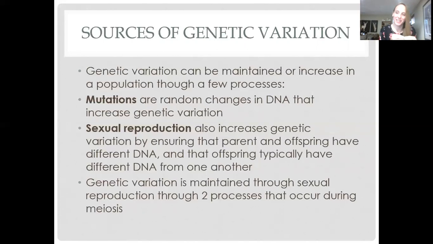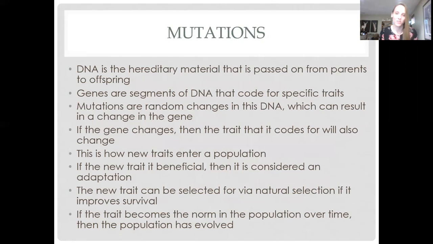So the offspring is going to have different mixtures of genes than the parents, and also probably from the other offspring, unless they're twins or triplets or something like that. Genetic variation is maintained through sexual reproduction through two different processes that occur in meiosis. We're not going to go in depth into what those processes are, just know that they happen in meiosis.